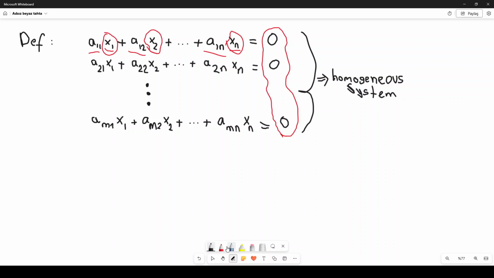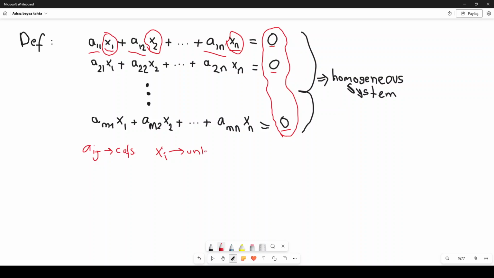As you notice, I just circled in red, these values are all zero. And which values are these? These are the values on the right hand side, okay? And again, our coefficients are still the same. We have the unknown variables and the coefficients, so the aij values are again real coefficient values, as we are familiar with, and the xi's are the unknown variables.